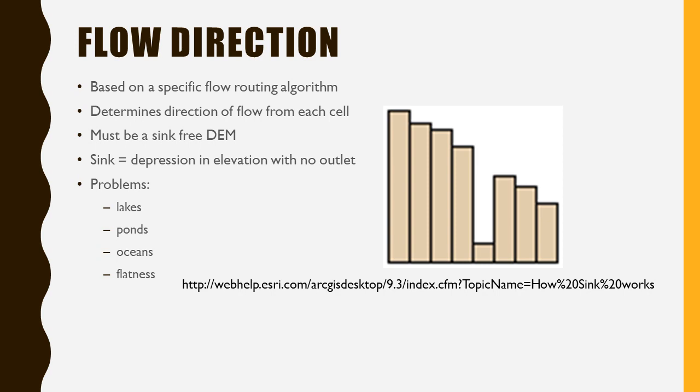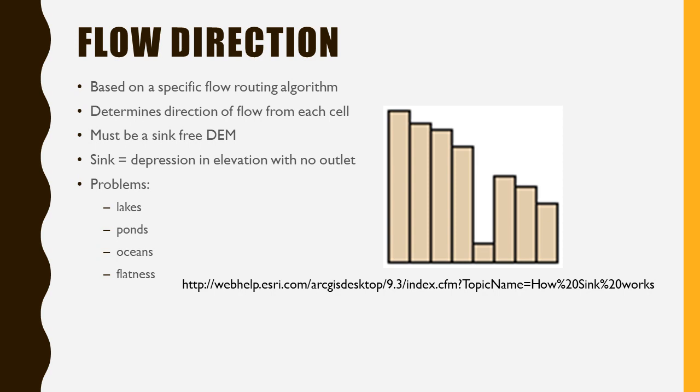So we'll talk a little bit about this again, make sure everyone understands what we're doing. This is a two-dimensional illustration of a digital elevation model, and we have a specific flow routing algorithm, regardless of what it is, going to then determine where that water would flow if it was poured on that top cell, represented in this case by a column.